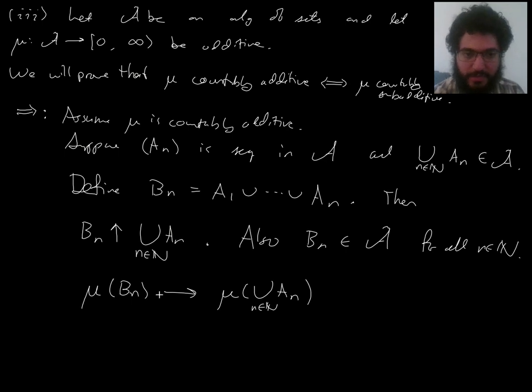So this is sort of a continuity statement, right? This is like a limiting statement for sets. The Bn's approach this, then the mu of the Bn's approach the mu of this. Looks like you're saying mu is continuous in some way.